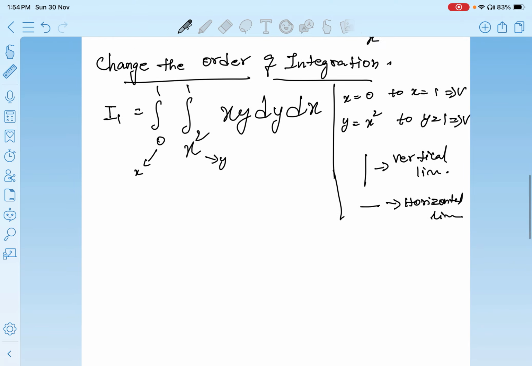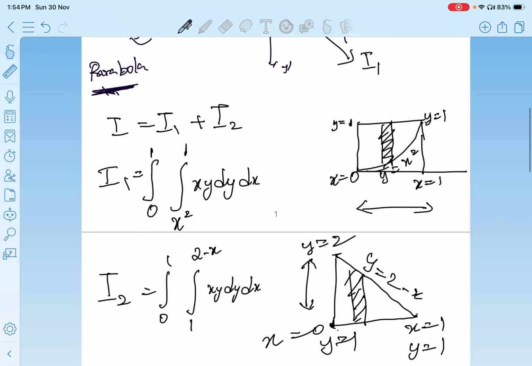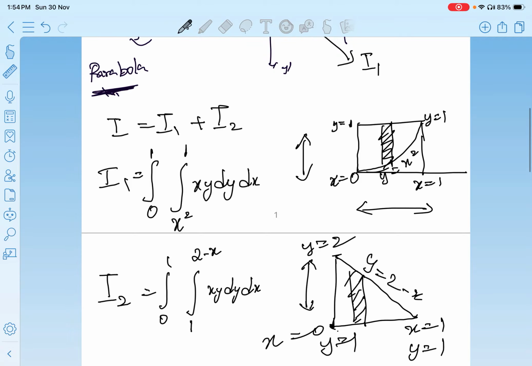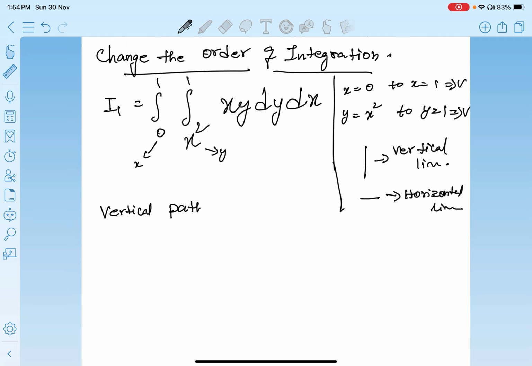So x equal to 0 to x equal to 1 is in the vertical line, and y equal to x square to y equal to 1 is also in the vertical line. So we are going to change both things. Both are vertical, and I'm going to change them to horizontal. Changing the order of integration represents changing the vertical path into the horizontal path.